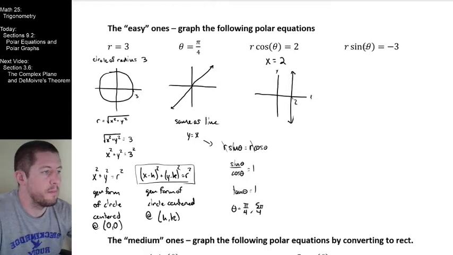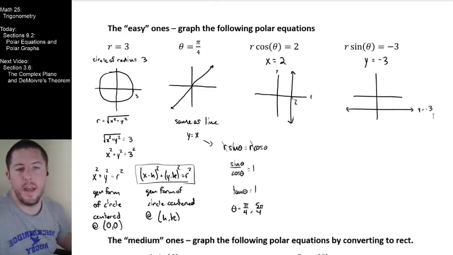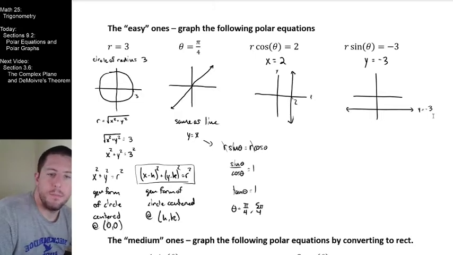That's not that crazy. Similarly over here, r sine theta is y. So this should be the graph of y equals negative 3. And I can graph the line of all points that have a height of negative 3. It's right there. There's my graph of y equals negative 3 on that guy.